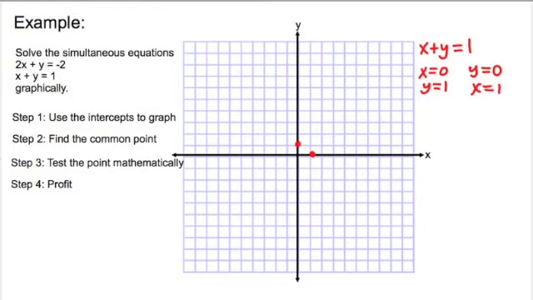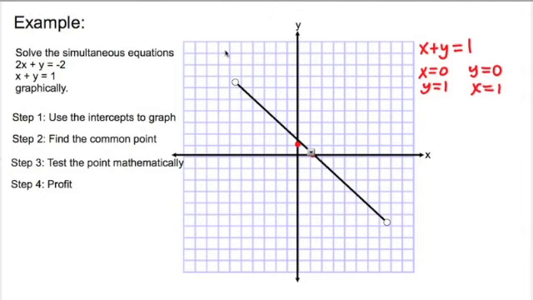I'm going to draw a line from those 2 points, and I'm going to make sure it goes pretty far. This isn't going to be exact because I'm not at home using a ruler, but I'm going to give it my best shot. It should go something like that.